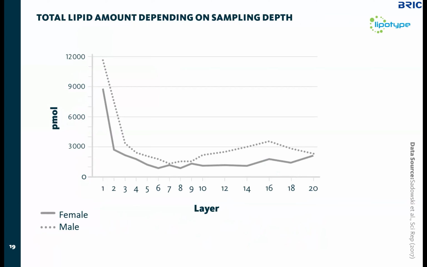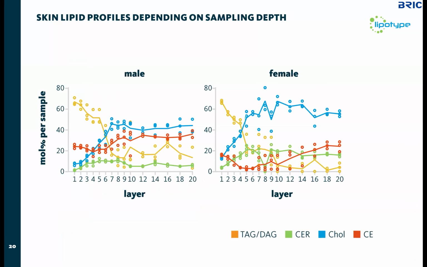So you see the study found that the total lipid amount decreased with increasing sampling depth, and the highest lipid levels were observed on the surface of the skin, so the outermost layers of the skin, which also contain superficial sebum lipids.